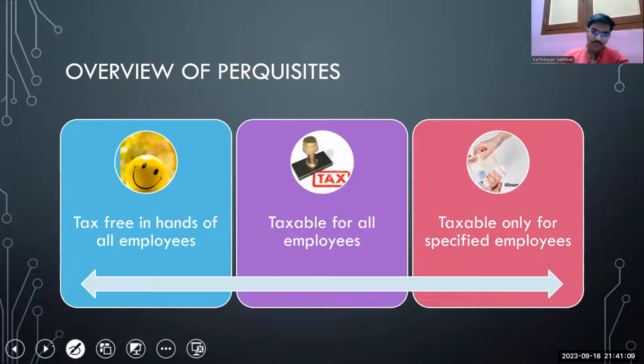There might not be a difference between 2 and 3 because the term specified employee will cover almost every employee in practice today. But it is given in the Act specifically that certain things are taxable only for specified employees. There are a few MCQs which focus on which is taxable for all employees and which only for specified employees.